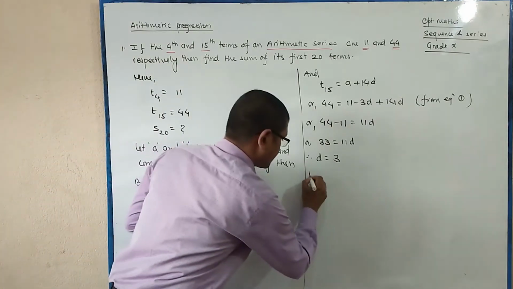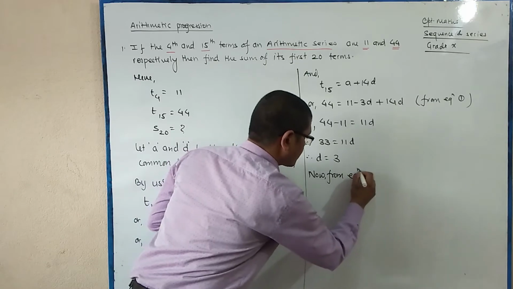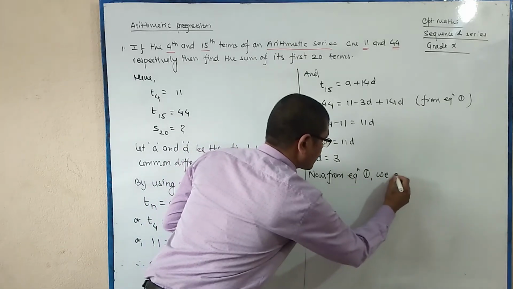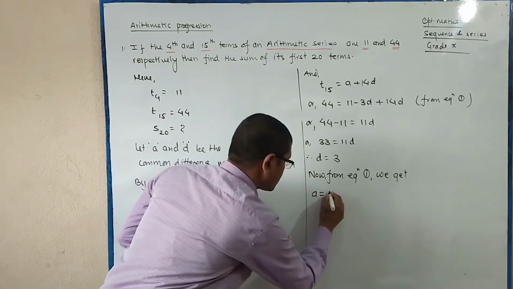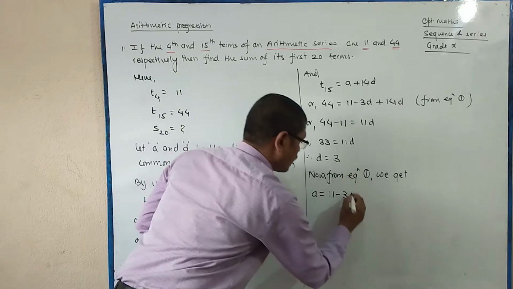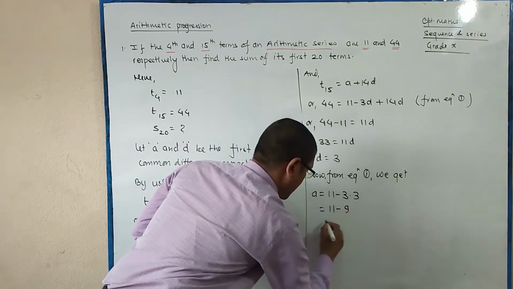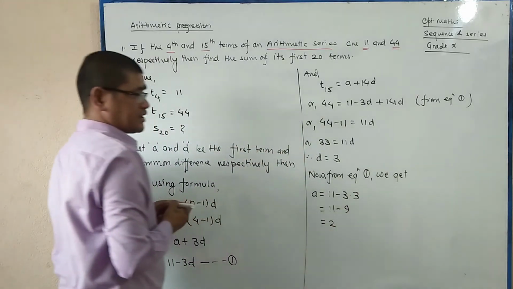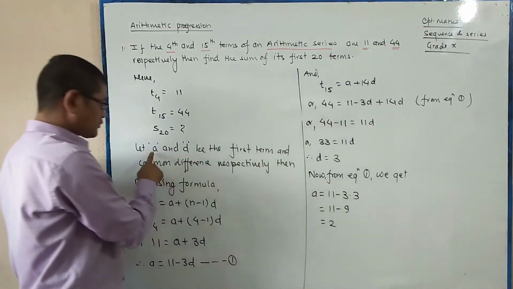From equation 1 we get a equals 11 minus 3d, which is 3 times 3, so 11 minus 9 equals 2. In this way we have calculated the values of a and d.